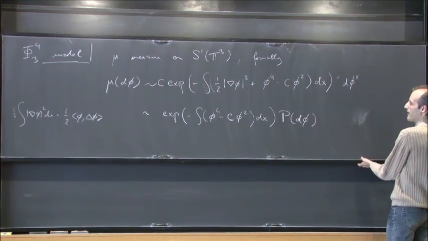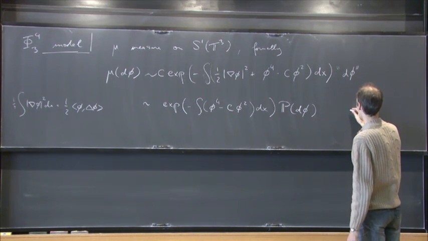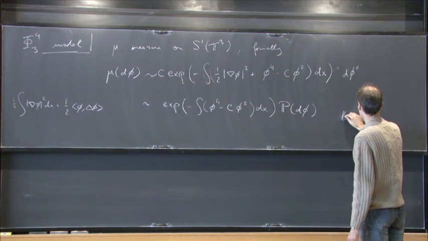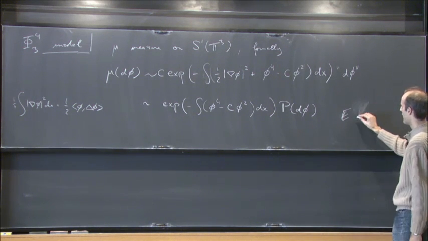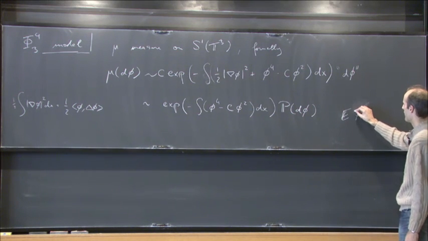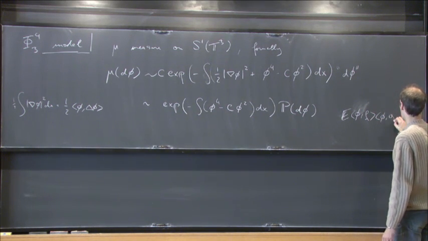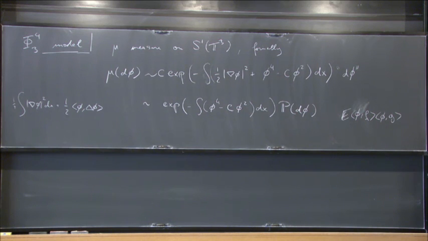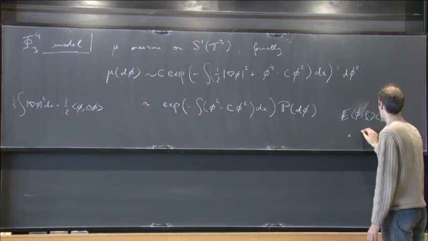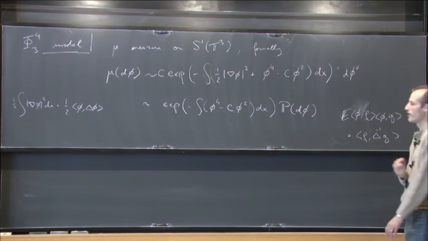Another way of writing this would be to say that under P, the expectation of phi tested against one test function f times phi tested against the test function g should be f times the inverse of the Laplacian applied to g.